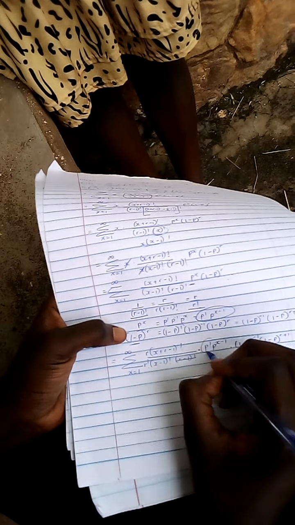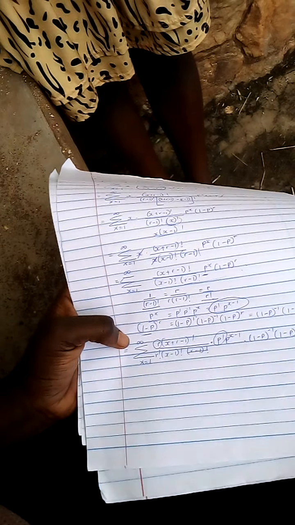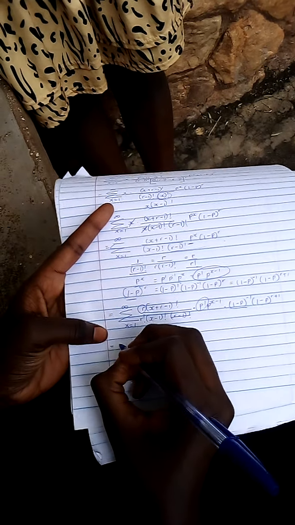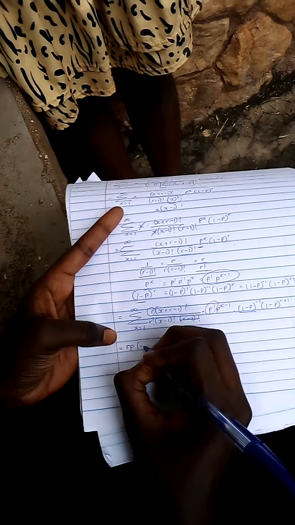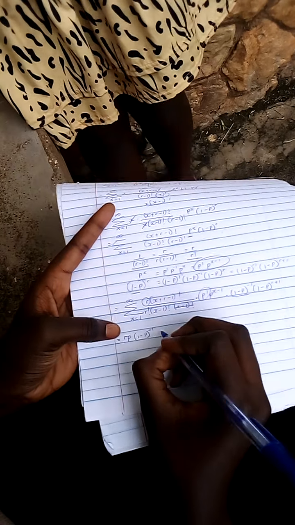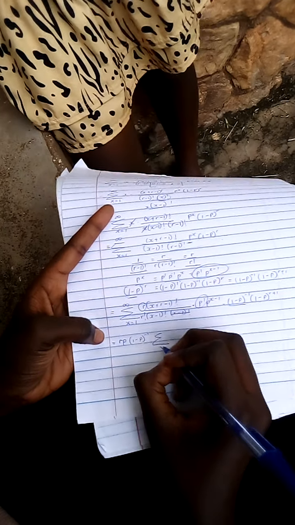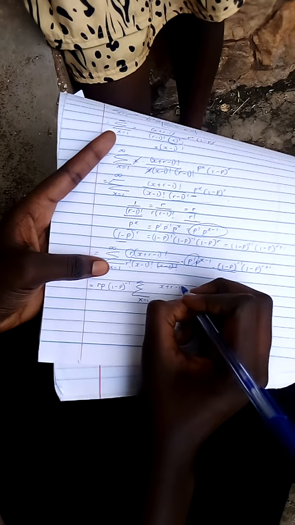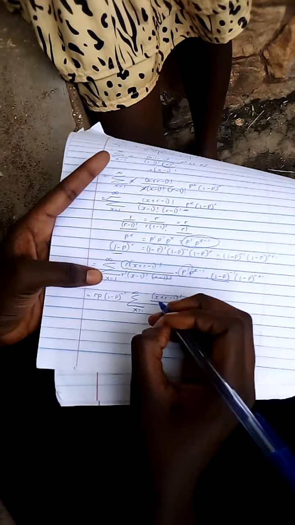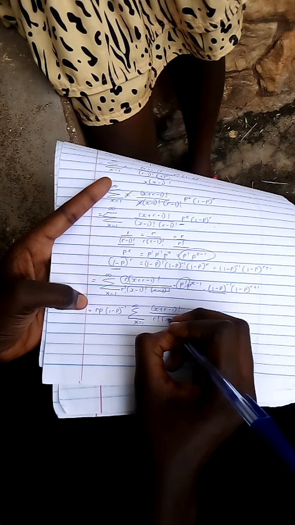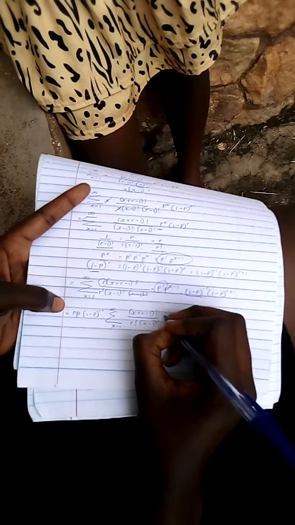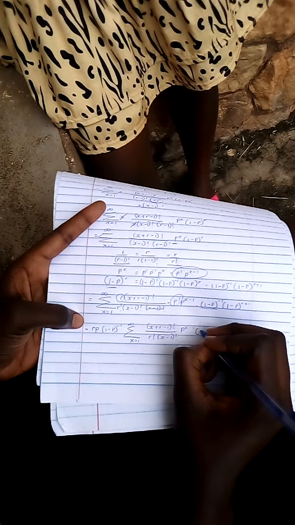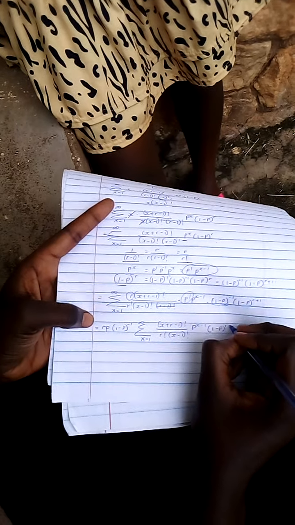But look at this: this is a constant, this is a constant, this is a constant, so we pull out the constants. We shall have rp into (1 - p)^(-1) times the summation of what we remain with when we factorize out the constants: p^(x - 1) (1 - p)^(r + 1).